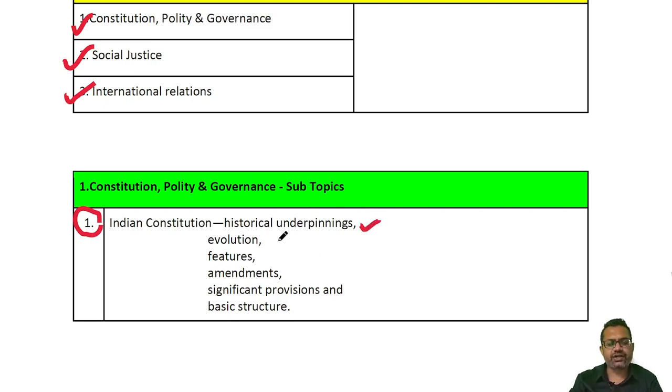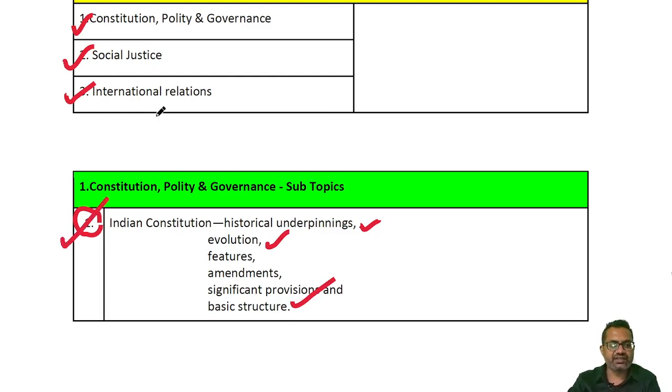In the historical underpinnings, you will find the Regulating Act 1773 in British rule and during Crown rule. Different acts were passed by the British Parliament to provide a framework of governance in the Indian colony, because at that time India was a colony of British rule. So these acts we have to consider. Then evolution, features, amendment, significant provisions and basic structure. So these all are part of the first topic.